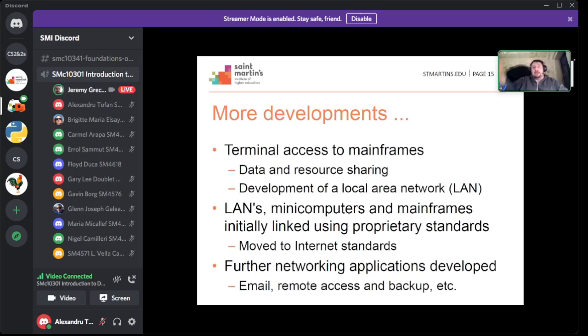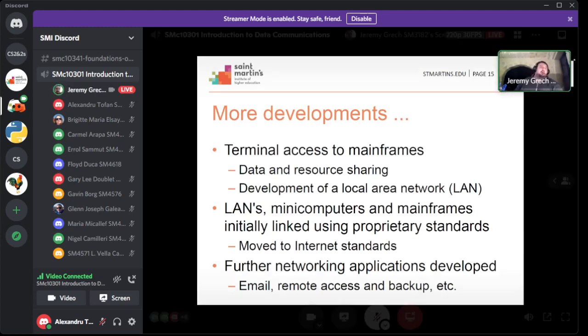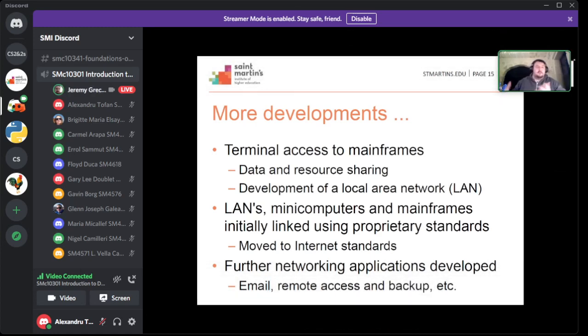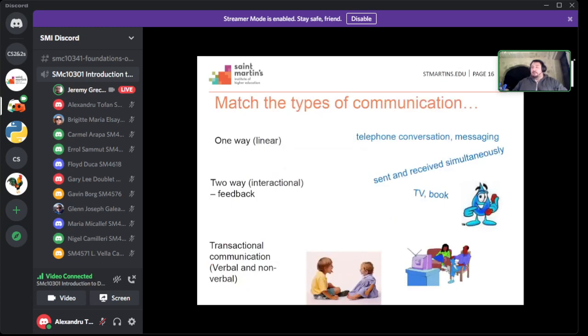So any form of internet service or network service that you might think of has been a direct development because we have computers connected together in networks. It allows us to make better use of these systems in order to make our lives a lot more interesting.